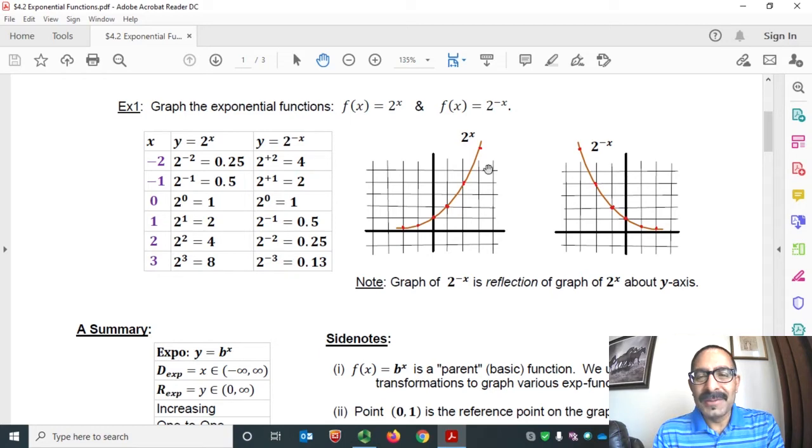Now similarly, let's graph 2 to the power negative x. Now let's plot those points from this third column. That means the first point is negative 2, 4. So let's go to the second diagram here. Here is the origin, here is the negative 1, here is the negative 2, and go 4 units up: 1, 2, 3, 4.